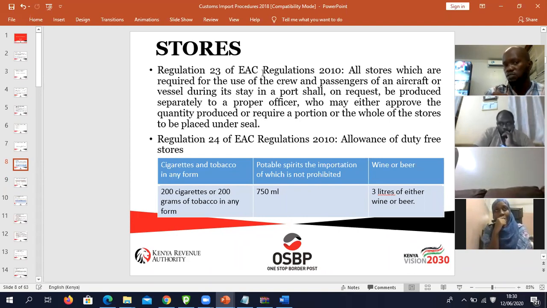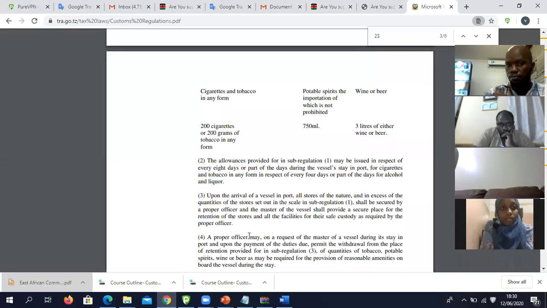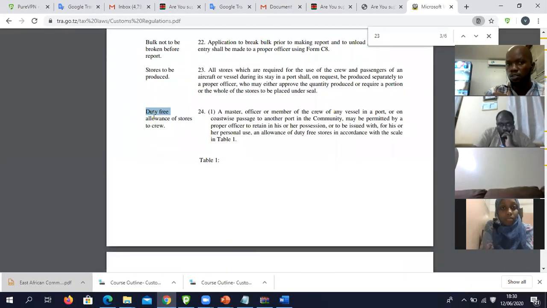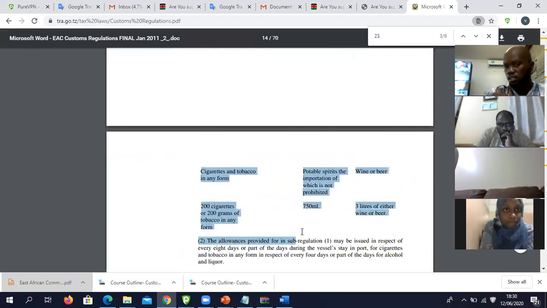Then still there are parts of the stores which can be allowed an allowance of duty-free, in that these individuals can use them within the partner states without having paid duty on them. Okay. So duty-free allowance of stores to crew. So of all their store, they can only take this. Are you clear?